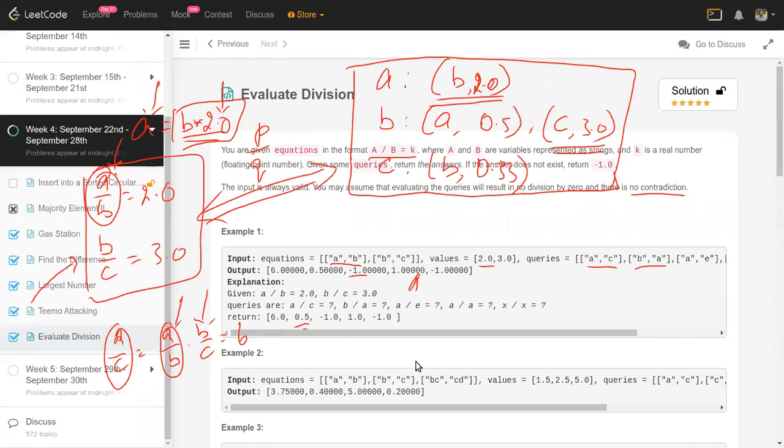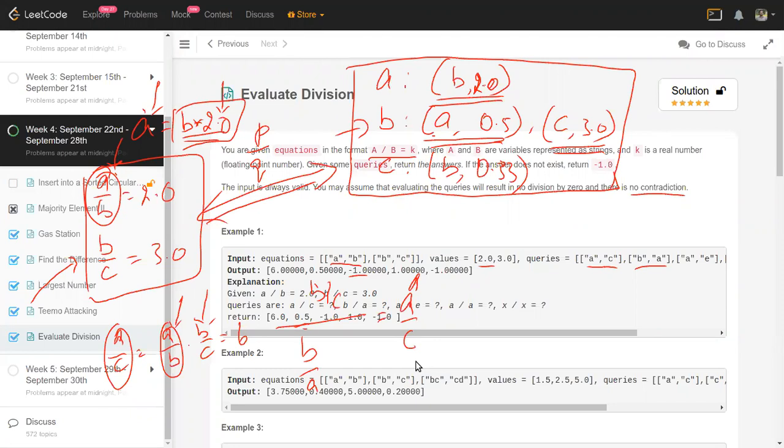But we can see B by A is also there in the same system. So if I find one list where both my symbols A and C are there, it means we have B by A and we have B by C. Now if I divide B by C by B by A, I get A by C. Right? So that's all we need to do.